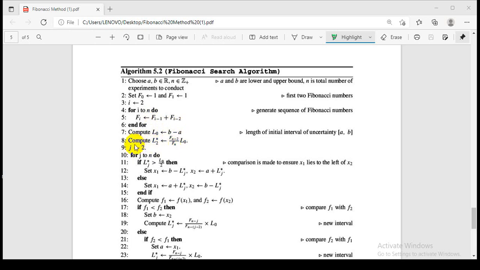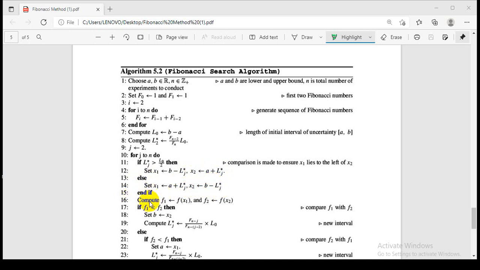For j equals 2 to N do: if Lj star is greater than L0 over 2, then set x1 equals B minus Lj star and x2 equals A plus Lj star, else x1 equals A plus Lj star and x2 equals B minus Lj star.